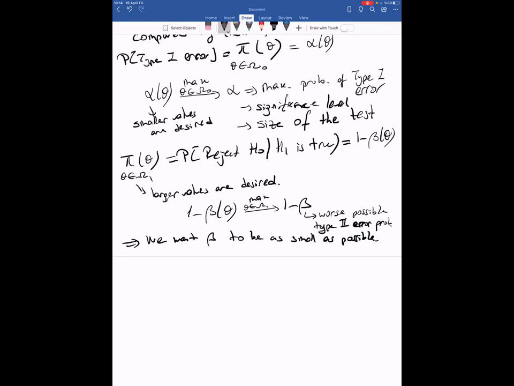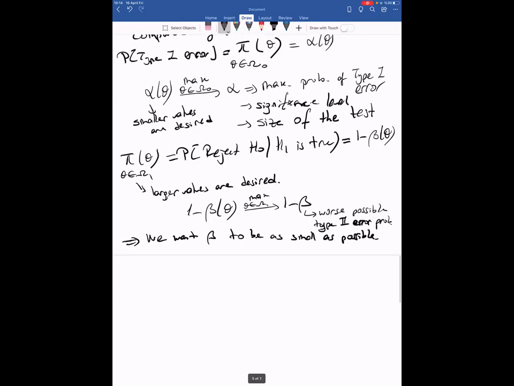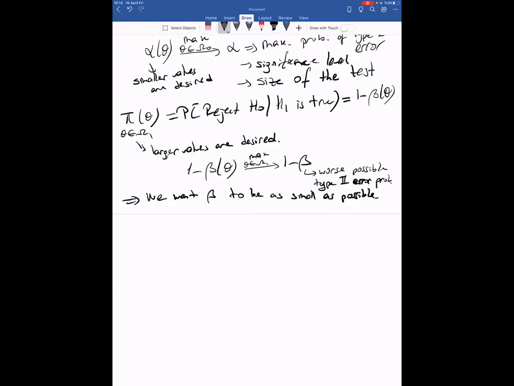So we want smaller alpha values, and we want smaller beta values. A good power function should take large values in the alternative hypothesis region. This means that we need to minimize both errors, right? But this is not possible.